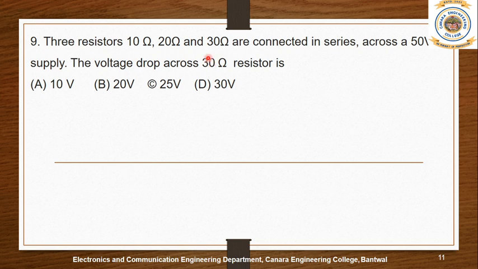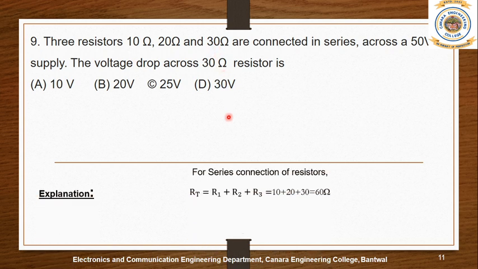All three resistors are connected in series, so the effective resistance is 60 ohms. So what is the current? Current is equal to V by RT, that is 5 by 6 amps.